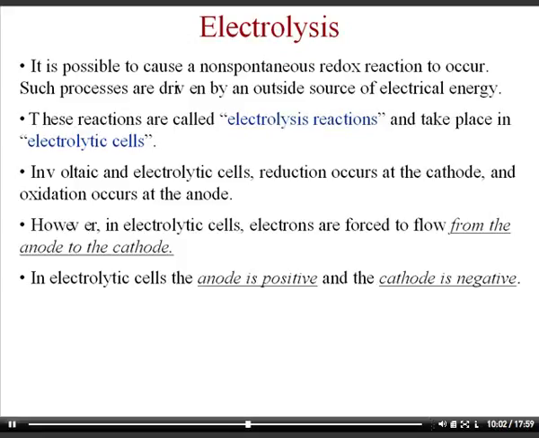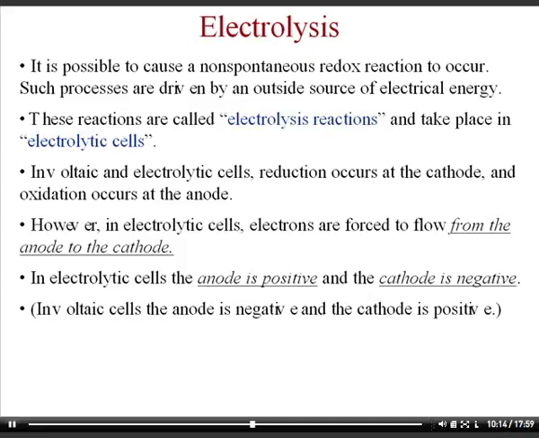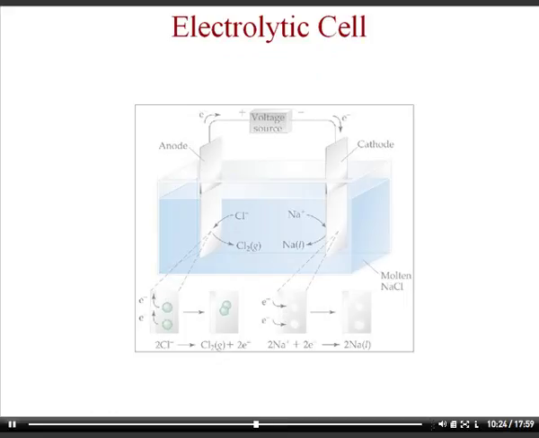So you're still having electrons flowing from the anode to the cathode, but you're forcing them to go from the positive to the negative. And I'll show you a picture of the electrolytic cell on the next page. So in a voltaic cell, the anode is normally negative, but now it's positive, and the cathode is positive instead of negative. And here's what it looks like.